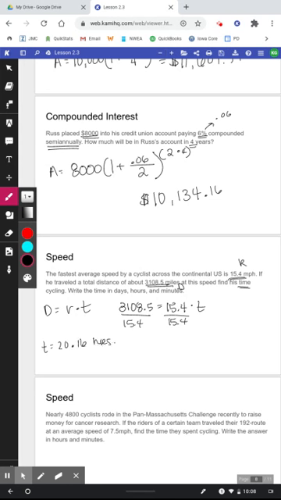So that's not even a full day. So I know for sure it's 20 full hours. And then I need to figure out how much of an hour is 0.16. So I do 0.16 of means multiply. And how many minutes are in an hour is 60. 9.6 minutes.